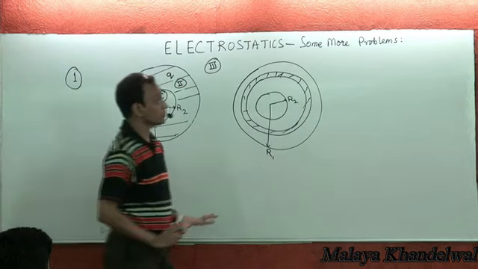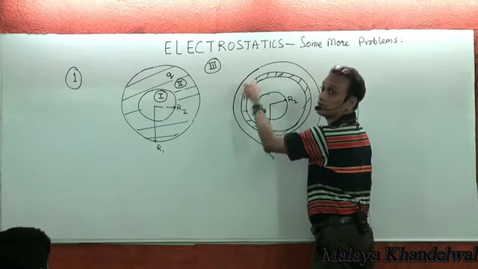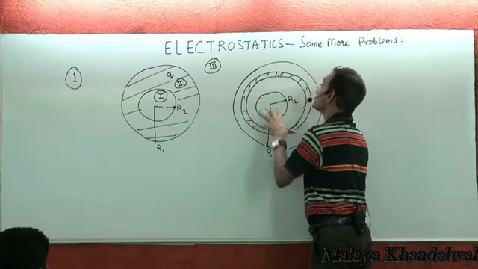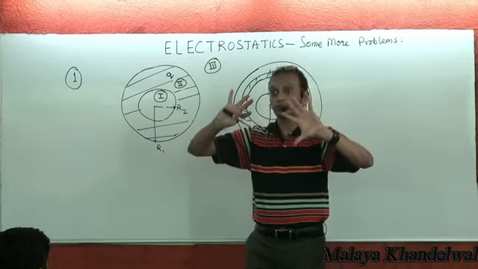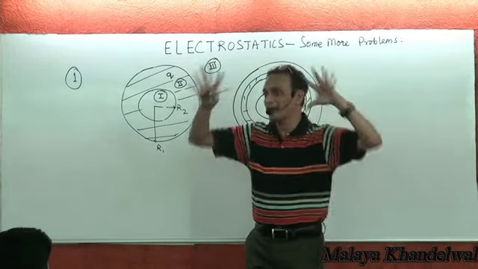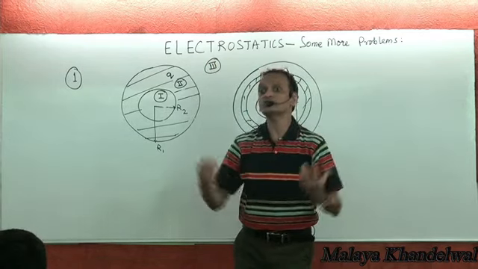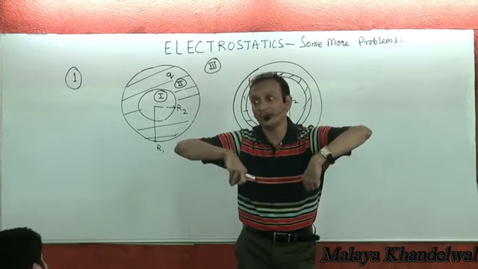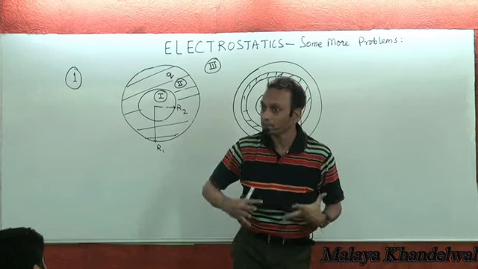Now, if charge is uniformly distributed on a spherical shell, do you realize that it produces zero electric field inside? On the surface of a sphere, conducting or non-conducting, that does not matter. If you distribute charge uniformly on the surface of a sphere, then it's going to produce zero electric field everywhere inside and a region of constant potential within the sphere, right?